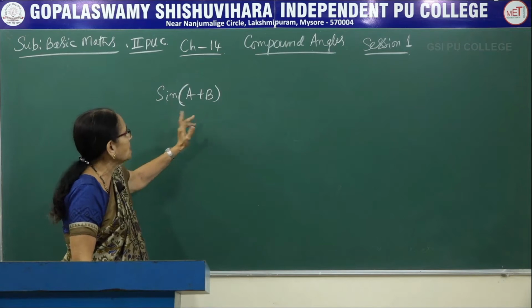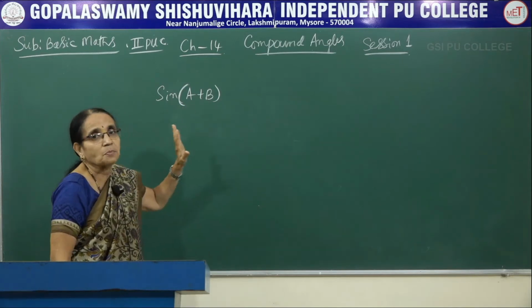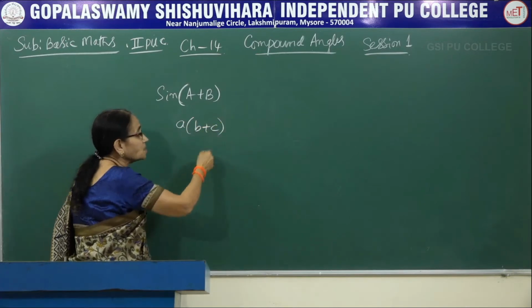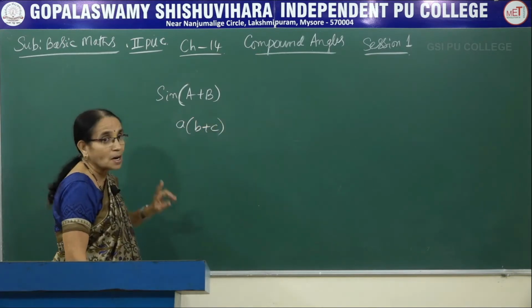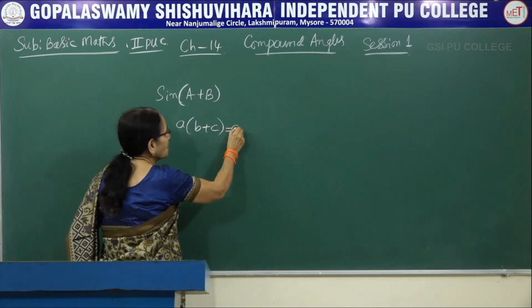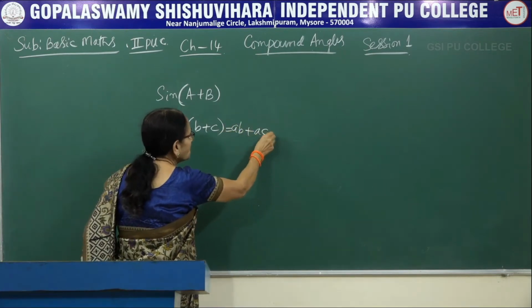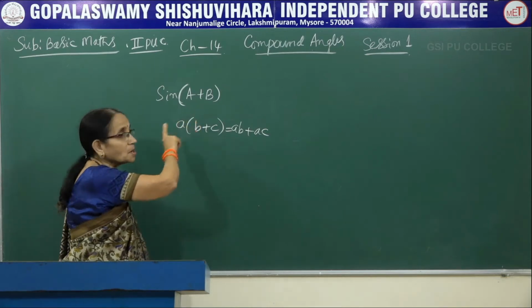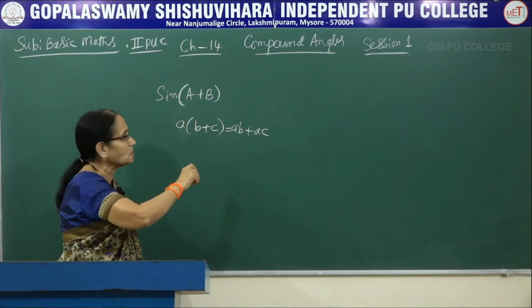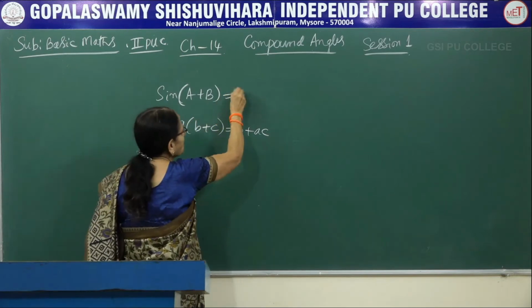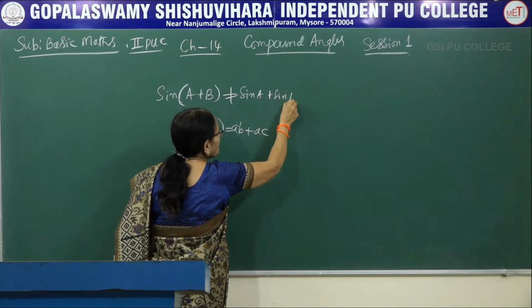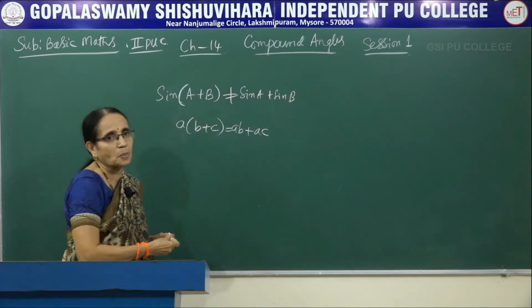They write sin of A plus B as sin of A plus sin of B. See, that is okay when you are discussing an algebraic expression. We have A into B plus A, I can write it as AB plus A. This is the actual multiplication, whereas here it is not the removal of the bracket or multiplication. Sin of A plus B is not equal to sin A plus sin B. It is an entirely different expansion.